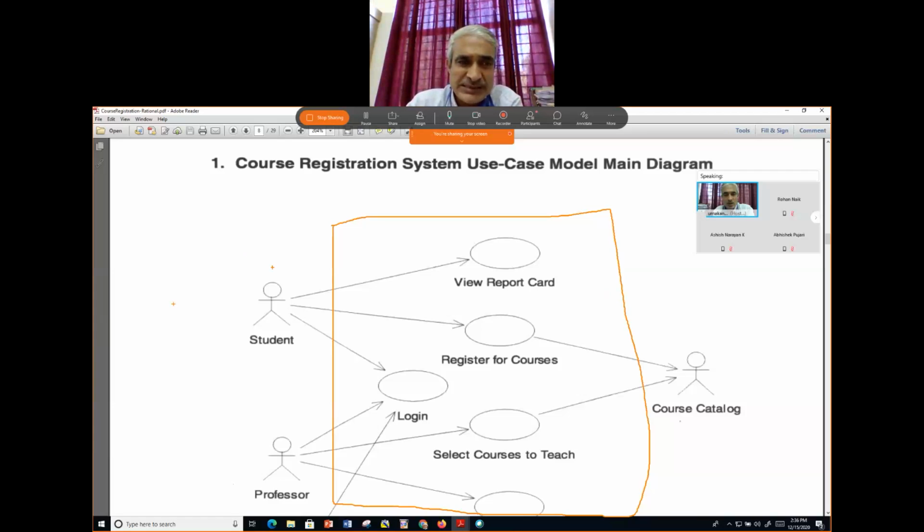Anything outside you see are called actors. Please refer to how exactly they have been written. You write an actor symbol and the name, like student, professor, catalog. The catalog is a database which already exists and which we are going to use. We are not going to develop this, so this also becomes an actor.